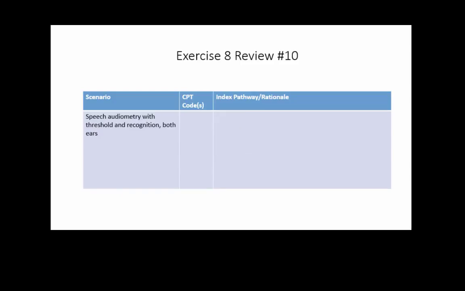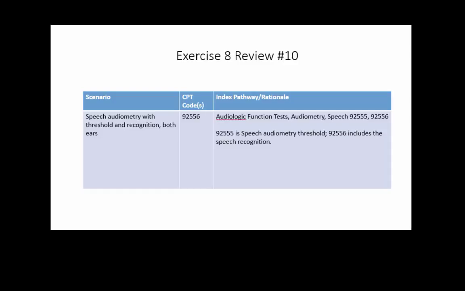Exercise review number 10 is speech audiometry with threshold and recognition, both ears. Your index pathway, it falls under an audiologic function test. Audiometry, when you see that METRY, that means measurement, so you know it's some type of test.